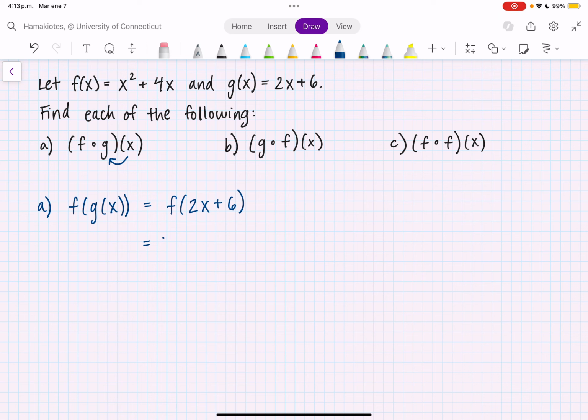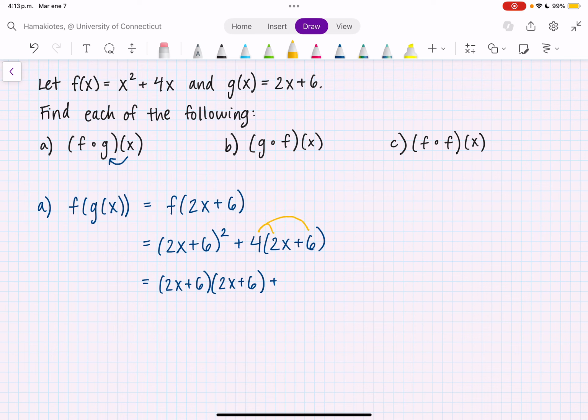So this becomes (2x plus 6) squared plus 4 times (2x plus 6). So this is 2x plus 6 times itself. Now we can distribute 4 times 2x, which is 8x, and then 4 times 6, which is 24. So this is 8x plus 24.